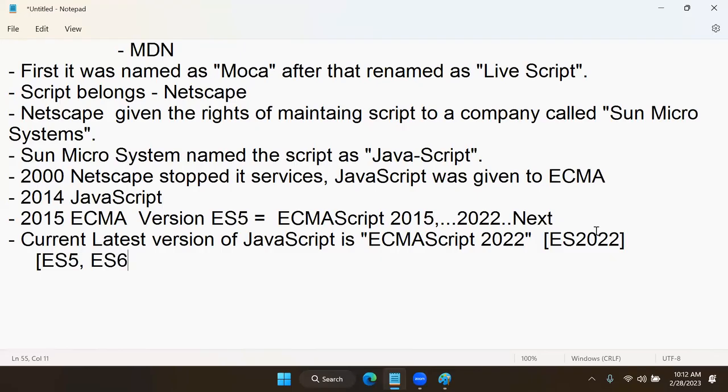This is shorthand. That means ECMA 2016, 2017, 2018, ES8, like that. After 2019, that means after ES9, we started giving the complete name 2020, 2021, like this. 2022 is the latest. Till that moment, we used to give this number 5, 6, 7, 8. That is actually the year number.